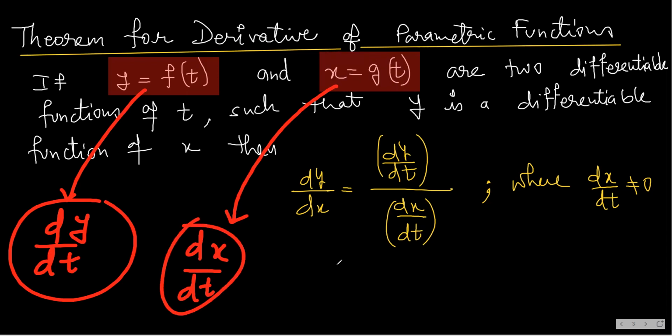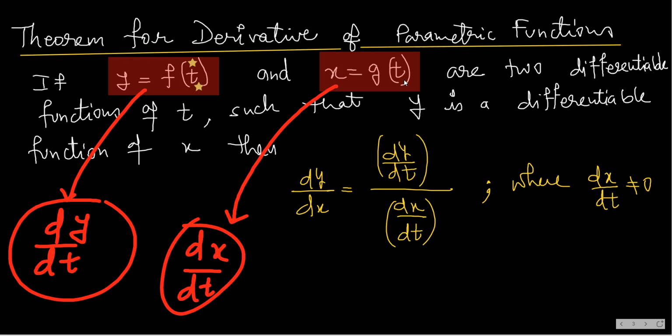The idea is, in this whole definition, t is the parameter. Y is a function of t, x is a function of t. So t is the basic variable, the variable on which x and y, these two variables, depend. X is a dependent variable, t is the independent variable.